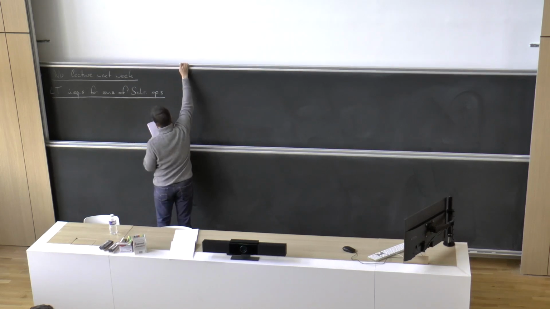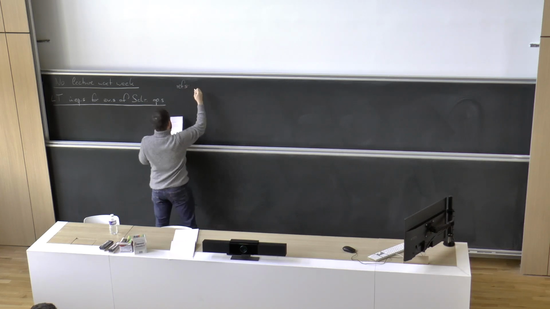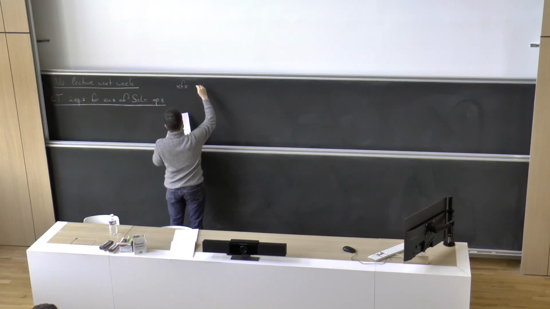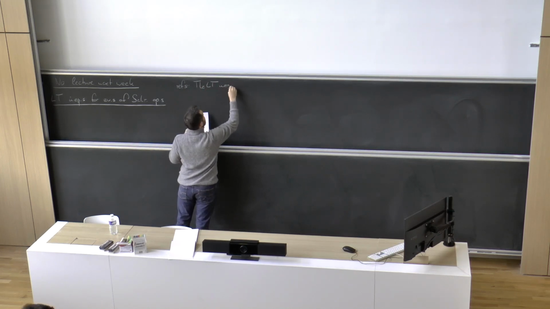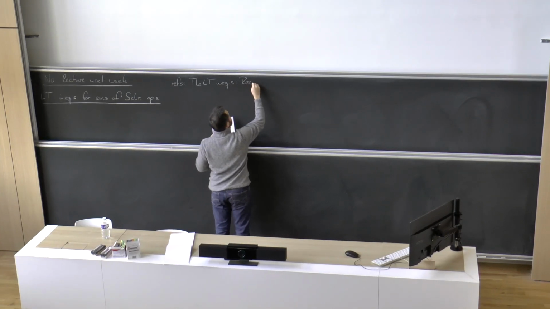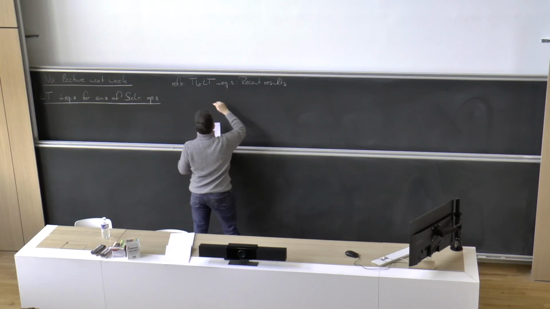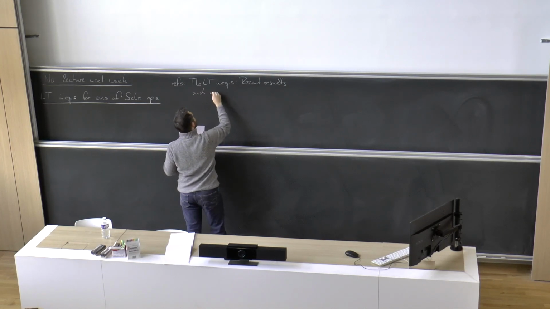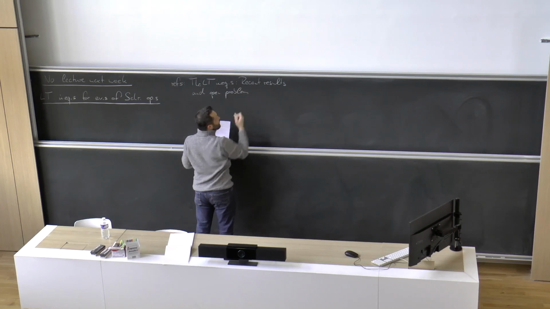So there is one thing, a survey that I wrote a couple of years ago, the LT inequalities, recent results and open problems. And you find that on the arXiv.